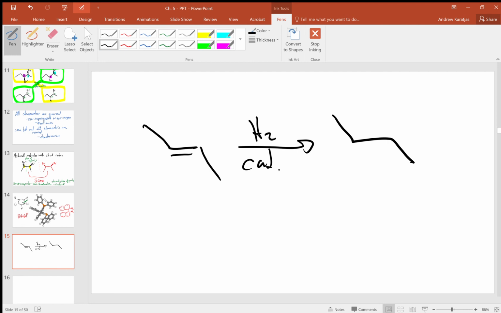But it turns out there's no preference for one enantiomer or one side of the molecule adding the hydrogens over the other. But if you use a catalyst that's based on this BINAP, you can actually get the hydrogenation to take place to give you one specific enantiomer.